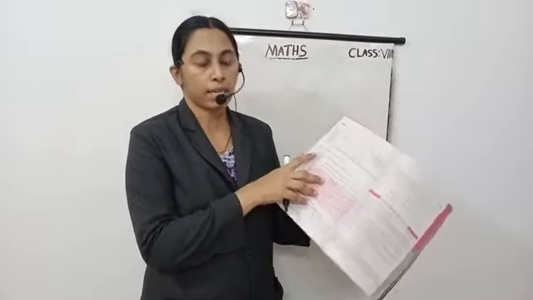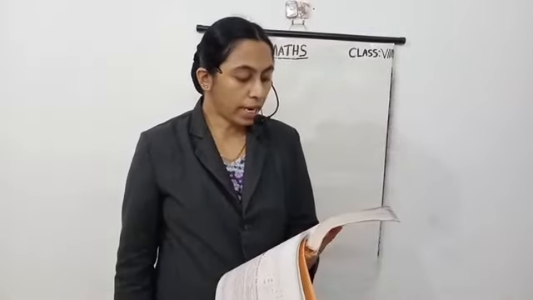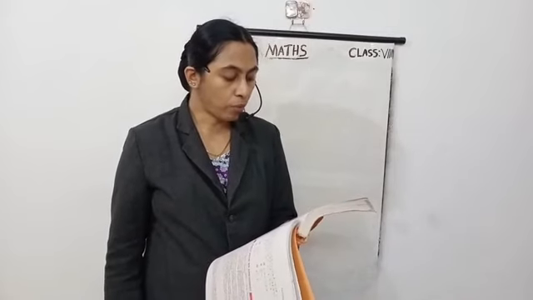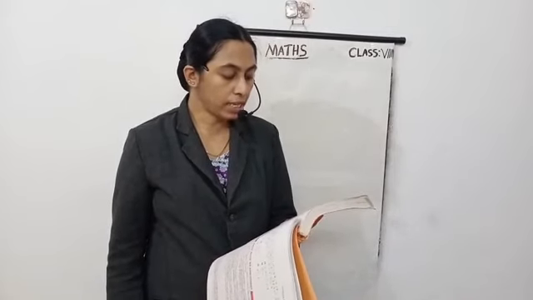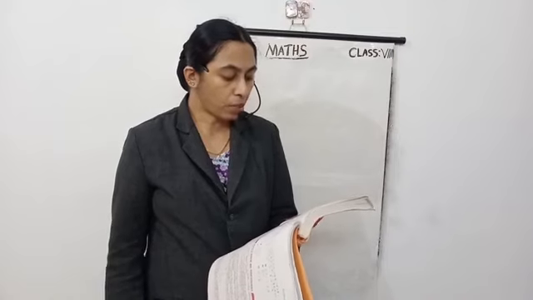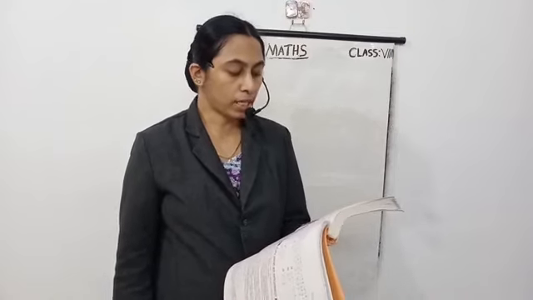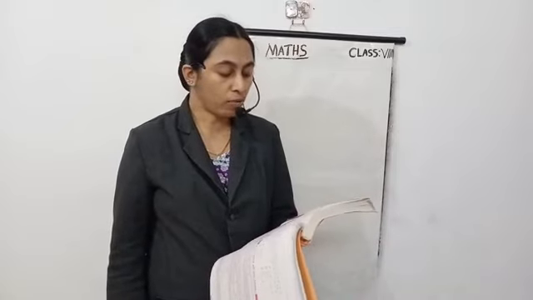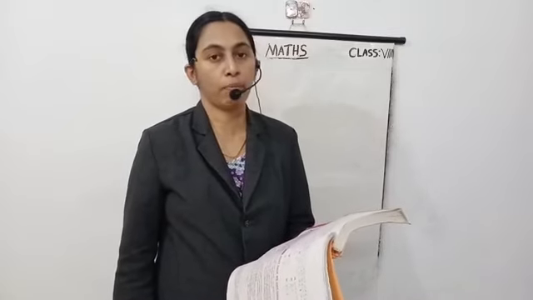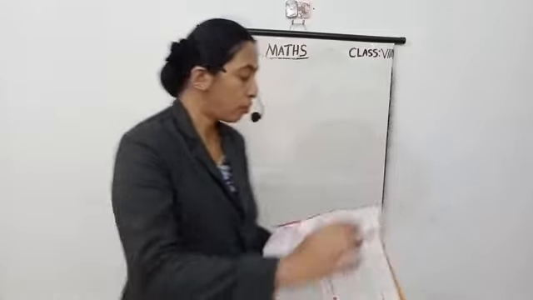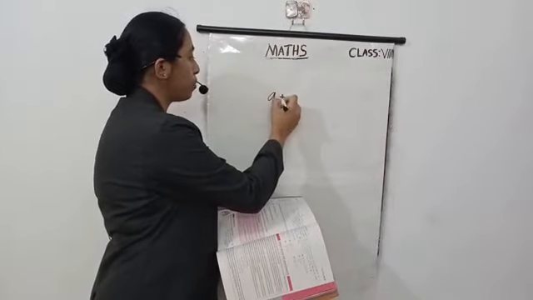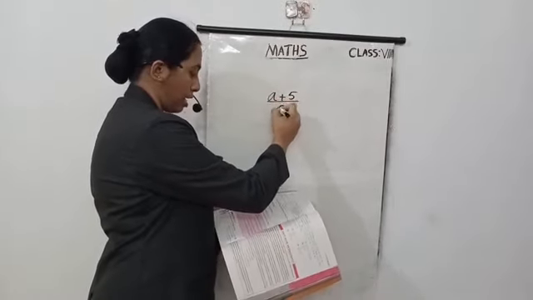Next, the last error: while dividing a polynomial by a monomial, we divide each term of the polynomial in the numerator by the monomial in the denominator. Once again, while dividing a polynomial by a monomial, for example, a plus 5 by a.